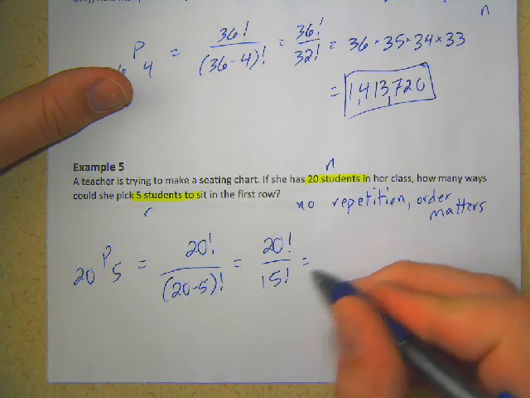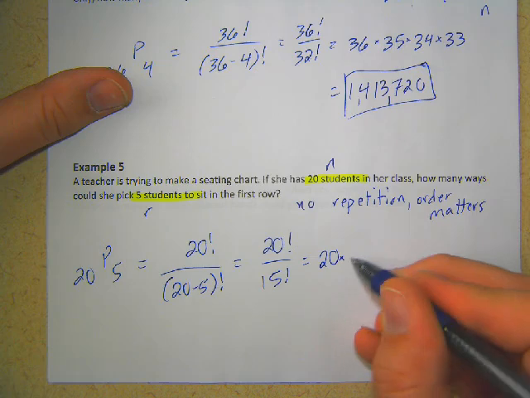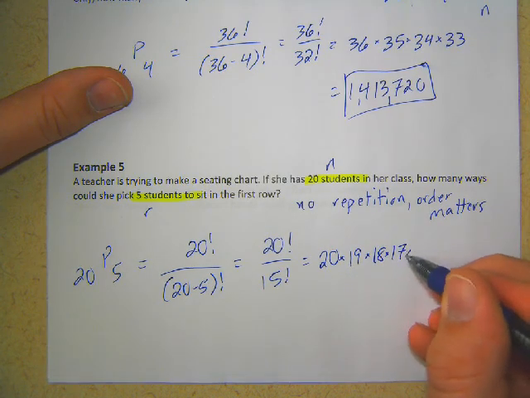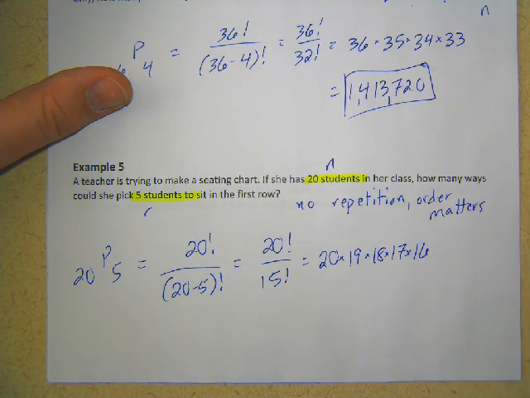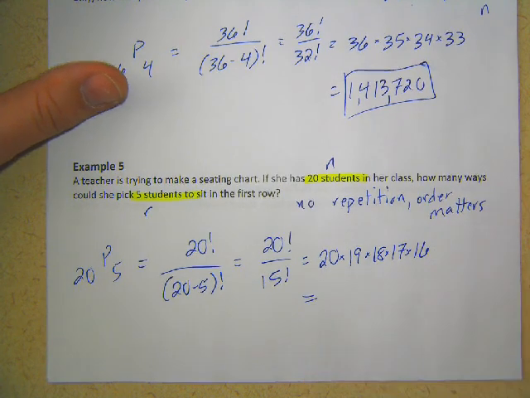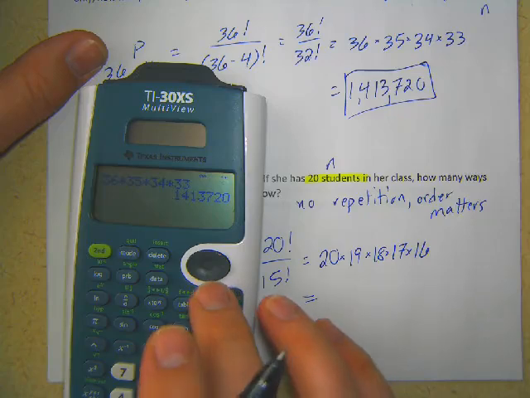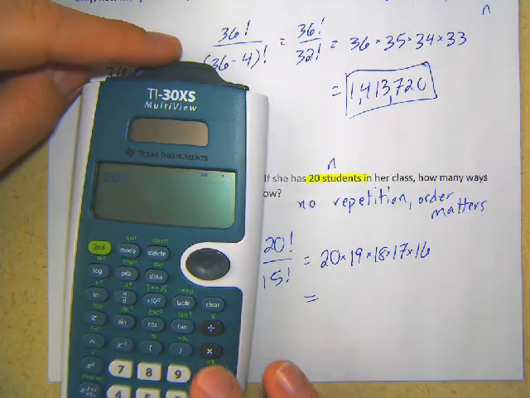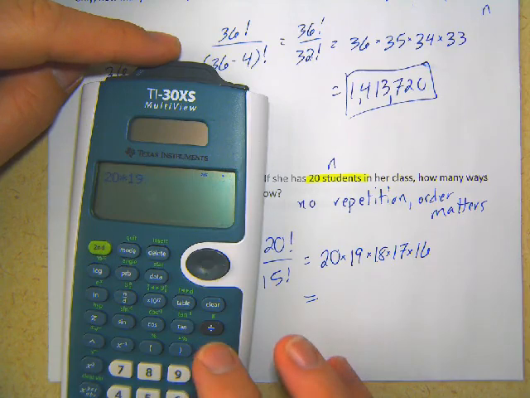And so we're just going to multiply numbers bigger than 15. So 20 times 19 times 18 times 17 times 16, and that'll give us our answer. So we just have to multiply those, and we'll find out how many different ways you can arrange 5 students out of the group of 20.